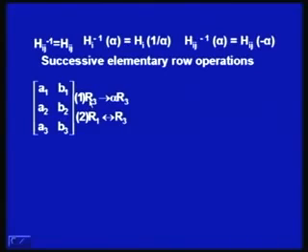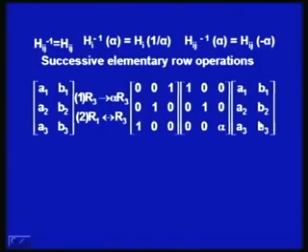The first is that R3 changes to alpha times R3, and the second operation is that R1 and R3 are interchanged. Now, these 2 successive operations can be performed on this matrix, then we will get this matrix. This matrix is nothing but H3 alpha, and this matrix is nothing but H13.